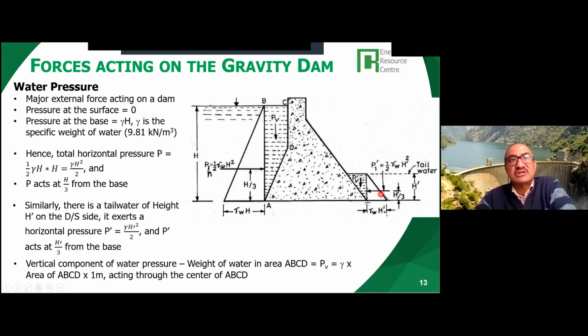Similarly, on the tailwater side, there is a force acting from the opposite direction if the tailwater level is here. And there are vertical components of the water, PV1, which is basically the weight of the volume of water acting at the center of ABCD, and acting at the center of this one. So this is the hydrostatic pressure calculation.